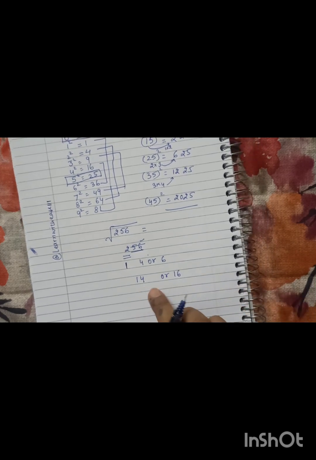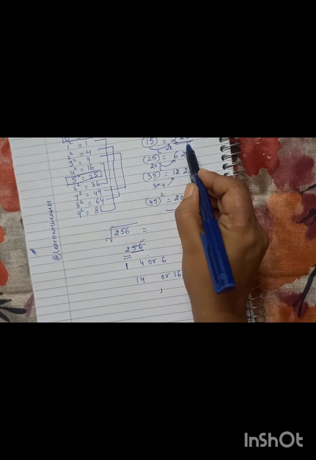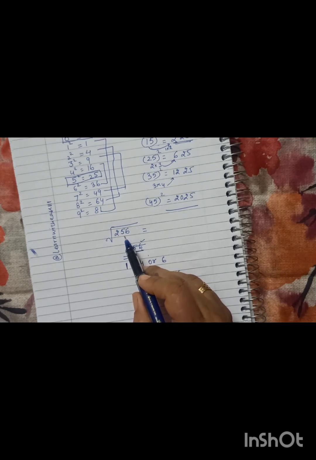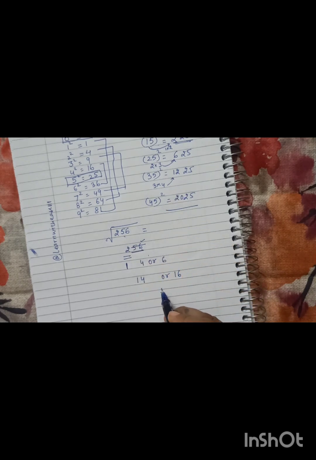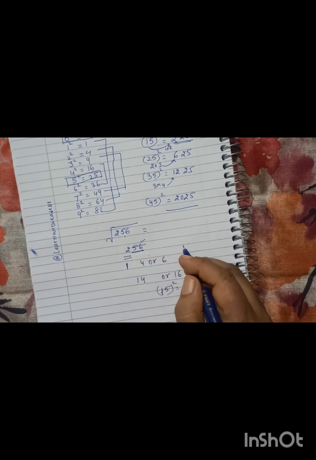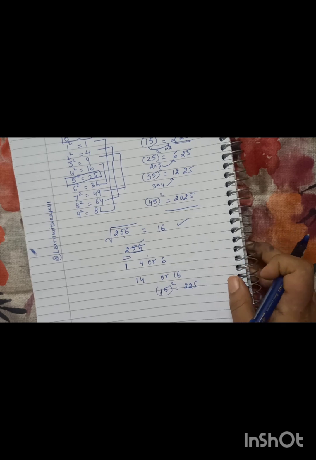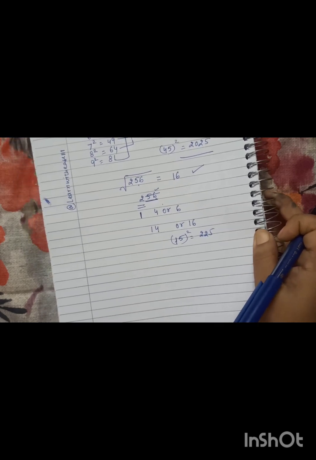Now we'll calculate the number 15. We know 15 square is 225 and 225 is less than this. So this cannot be the square root; it is not 14. Therefore the answer is 16. Right? I hope it's clear.